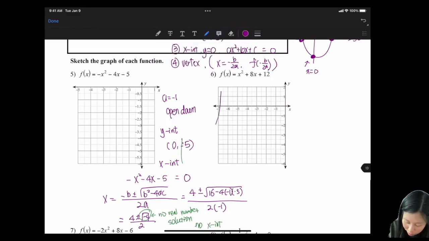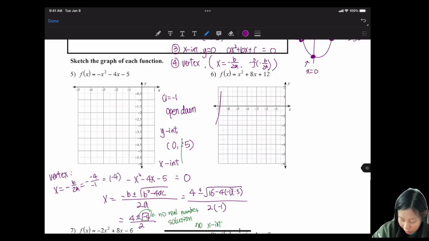Okay, now the vertex. For the vertex, we use the formula. The x-coordinate is negative b over 2a, b equals negative 4, a equals negative 1. So the x-coordinate of the vertex equals negative 4. We still need to find the y-coordinate.